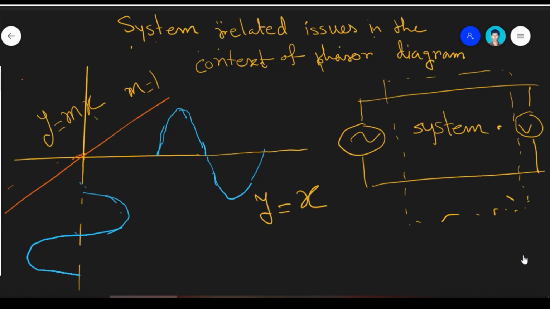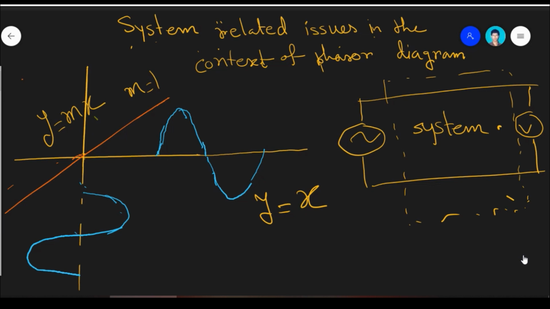You can have an infinite number of m, and an infinitely large countable family of linear systems. That's a different issue. But whenever we are talking about a linear system, it must be governed by the equation y is equal to mx.